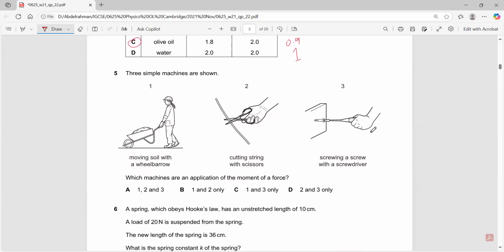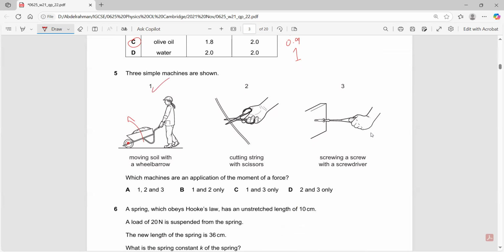Three simple machines are shown. Which machines are an application of the moment of a force? Moment, okay, force and perpendicular distance, turning effect. Does moving soil with a wheelbarrow show a turning effect? Yes, it does. You have a moment, and this is the pivot.